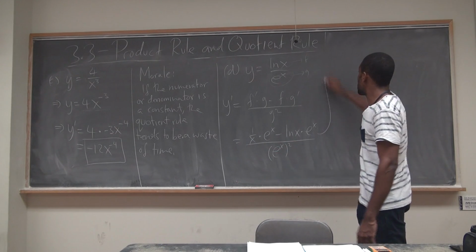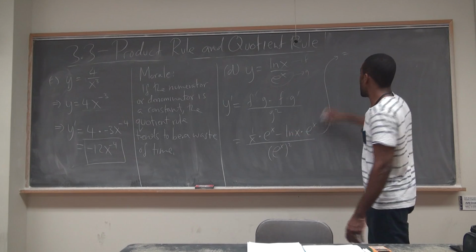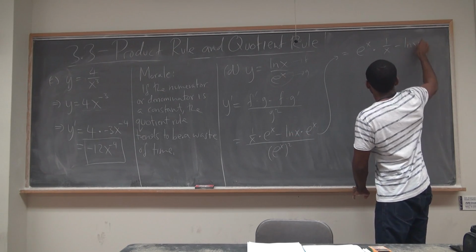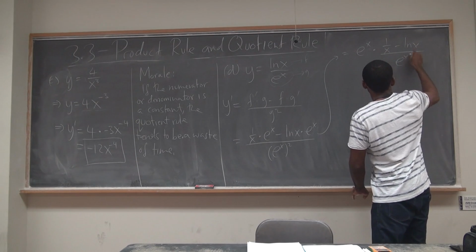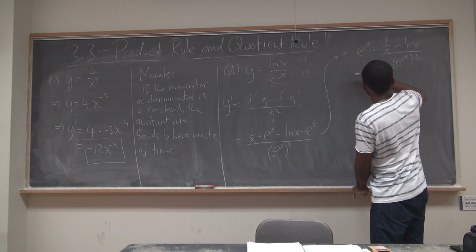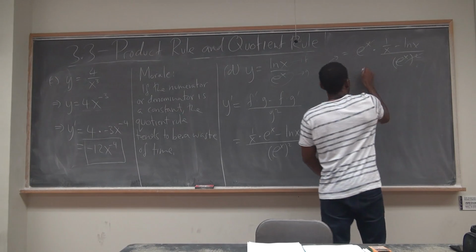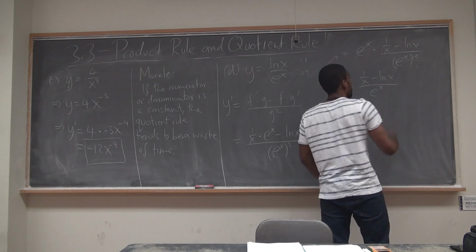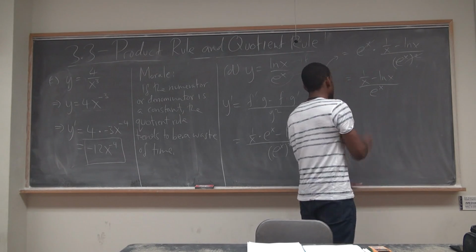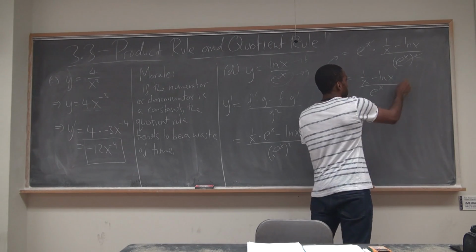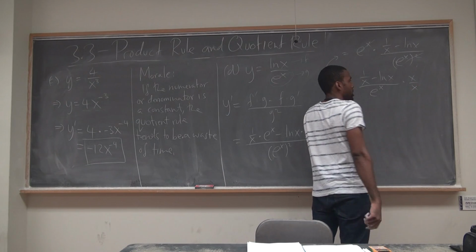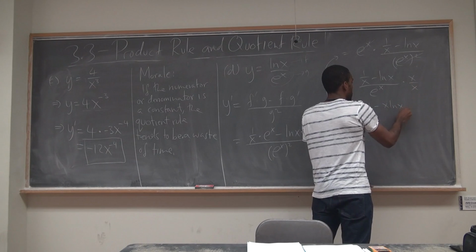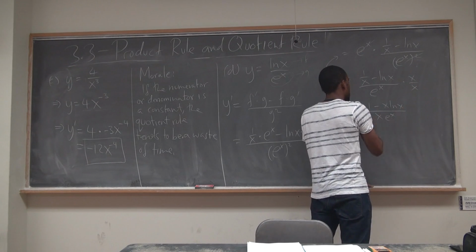Notice here, e to the x is a common term, I can factor that off, and I can cancel this with that. And so it's 1 over x minus ln x over e to the x, which is a complex fraction. It's kind of okay to leave it like that, but I'd probably multiply by x over x to clean it up a little bit: 1 minus x ln x over x e to the x.